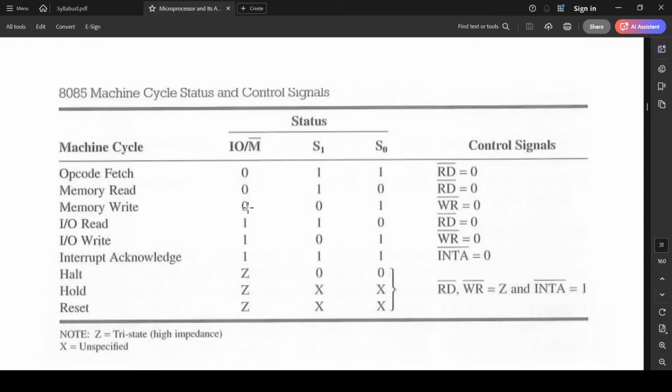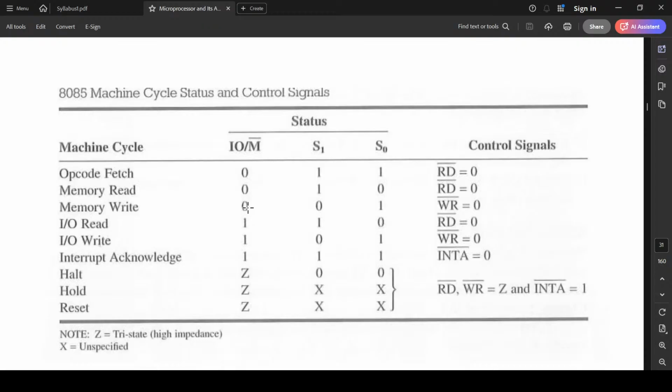Okay, let's see. 0, 1, 1, correct. 0, 1, 0, correct. 0, 0, 1, correct. 1, 0, 1. No, no, it's 1, 1, 0. So that is wrong. Input output write: 1, 0, 1. This is 1, 0, 1, so this is also wrong.